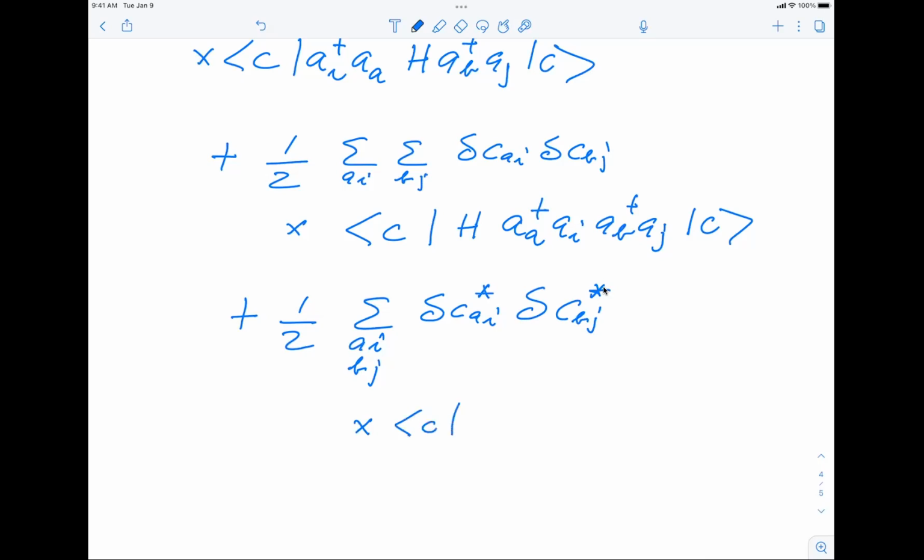I have a C, and then I have to be a little bit careful, because this is going to be AJ, AB, AA, and AI, and this acts on the Hamiltonian C here.